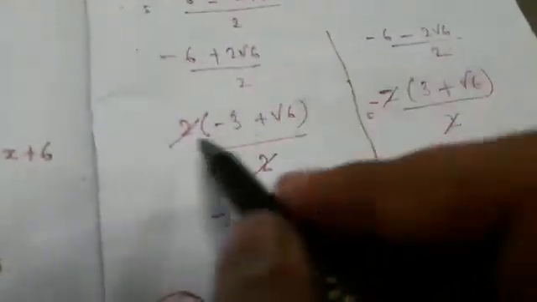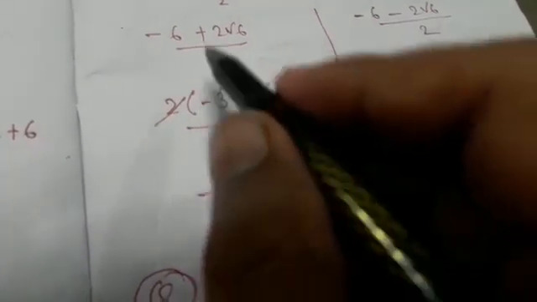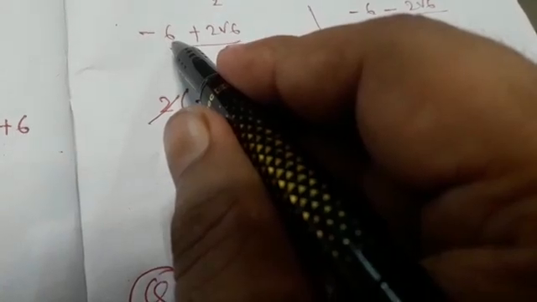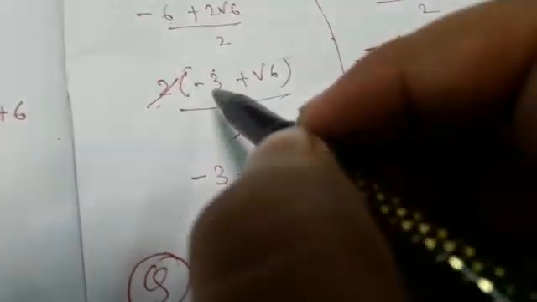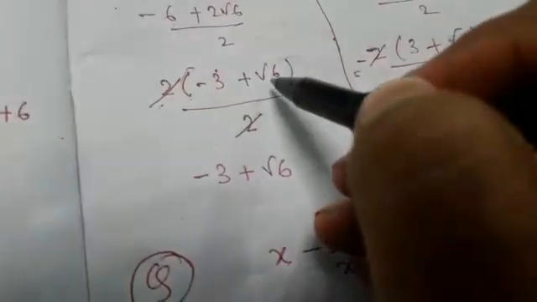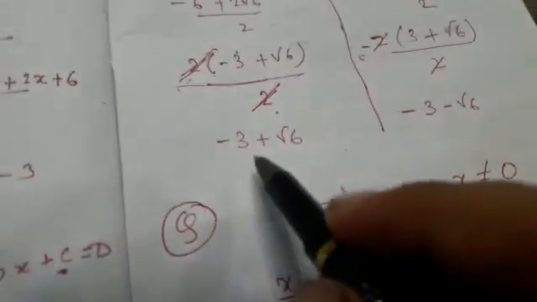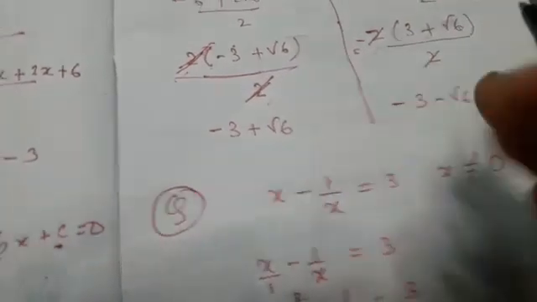Again from the numerator you can take 2 common. If you see 6, it is also having 2 root 6, 2 is there, so you can take 2 common. So if you take 2 common, you are left with minus 3 from here, plus root 6. Now in the denominator there is 2, so this 2 and this 2 will get cancelled, so your required one root is minus 3 plus root 6, right?